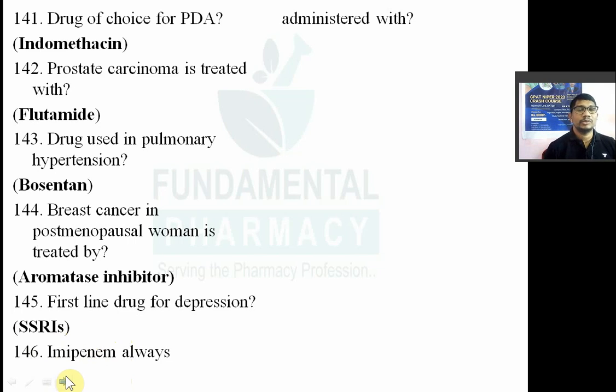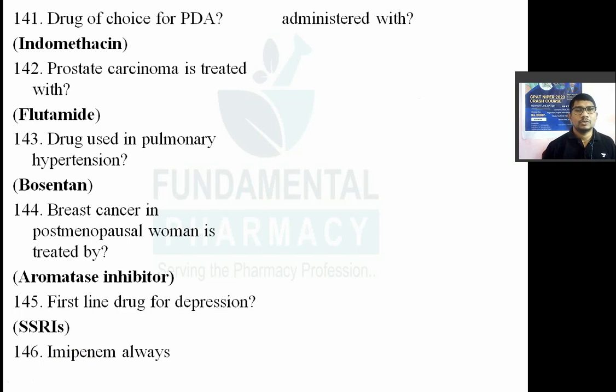They are beta-lactam antibiotics. Now imipenem has a short duration because it is metabolized in the kidney, in the renal tubule, by an enzyme known as hydropeptidase. So imipenem is metabolized by hydropeptidase in the lumen, and that's why its half-life is less.